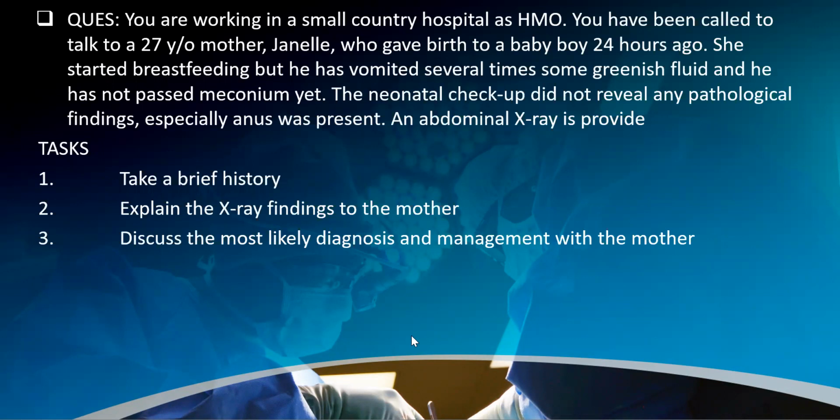I think we did that very quickly. I think this is the last topic for today. Good. So you are working in a small country hospital as an HMO. You have been called to talk to a 27-year-old mother, Janelle, who gave birth to a baby boy 24 hours ago. She started breastfeeding, but he has vomited several times, some greenish fluid.